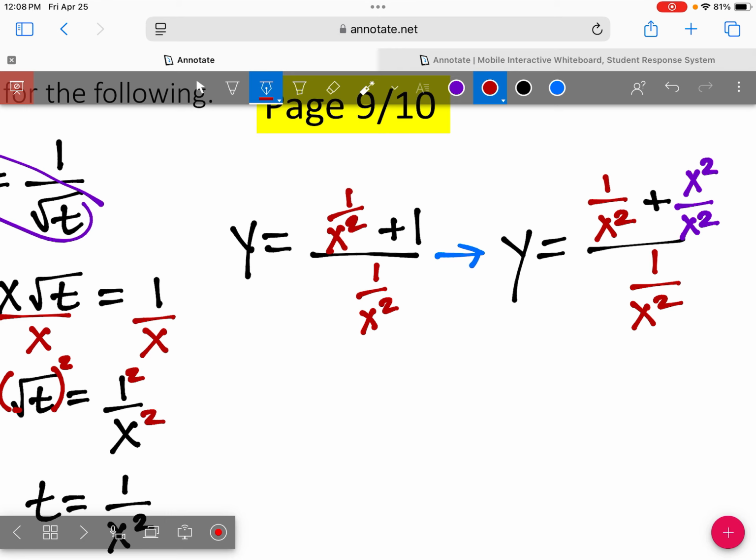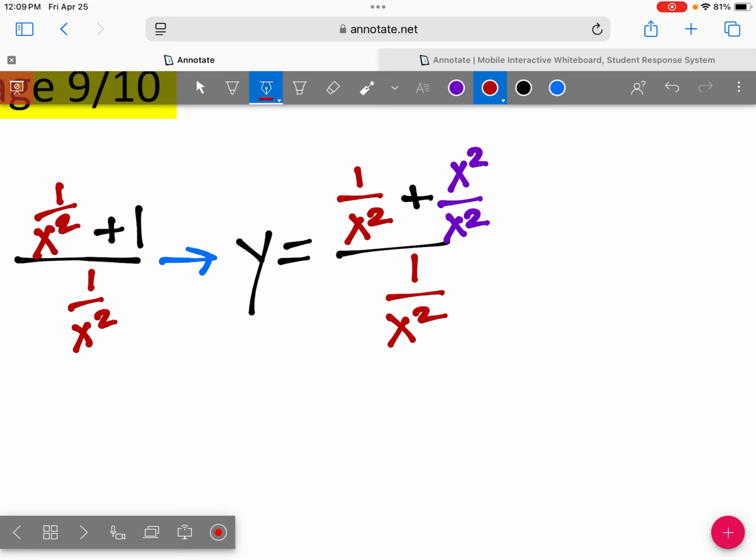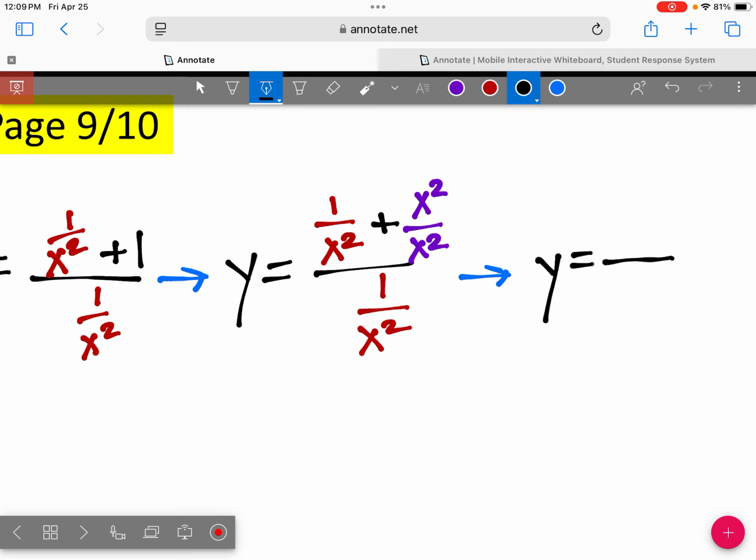Now I have a common denominator, so I can bring them together. So I have y equals, so in my numerator, I have 1 plus x squared over x squared. And in my denominator, I have 1 over x squared.